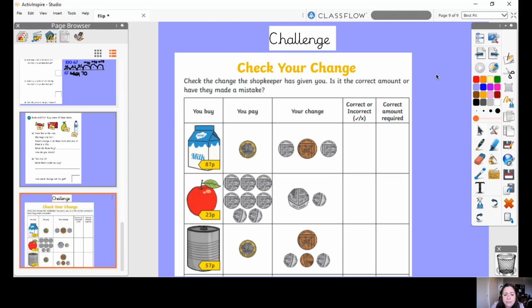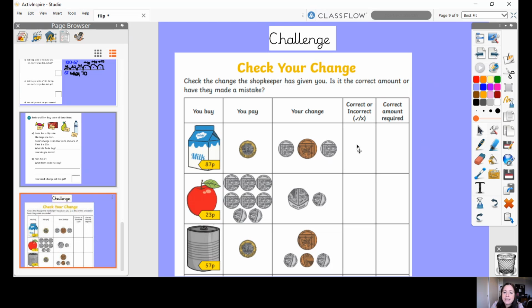Okay, there is a challenge for today as well. If you haven't had enough to do today, this is a challenge which I'm going to put up as a worksheet for you. And what you do, you buy something, here's how much you've spent, this is what you've paid with, this is your change. So you've got to work out that plus that, does it make that?